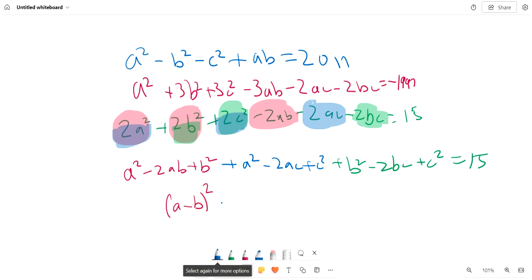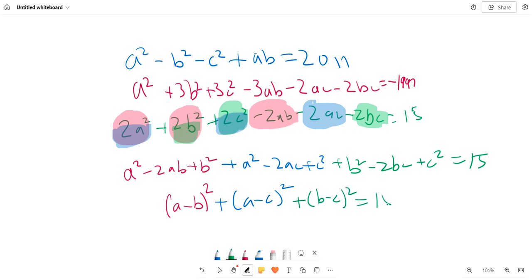So we pair them all up and we get A minus B squared, A minus C squared, and B minus C squared. And this equals to 15. Oh, sorry, this is not 15. These are all 14, I just realized.